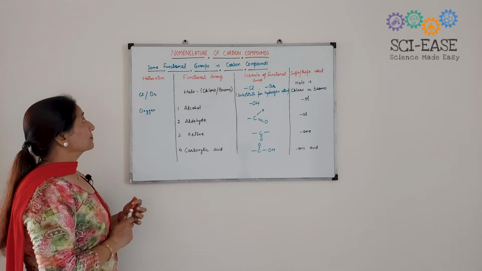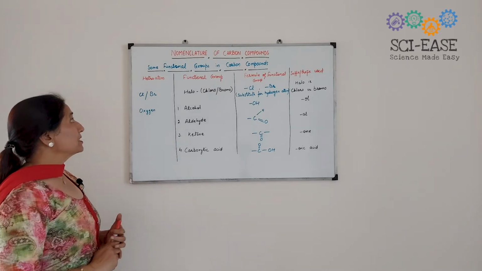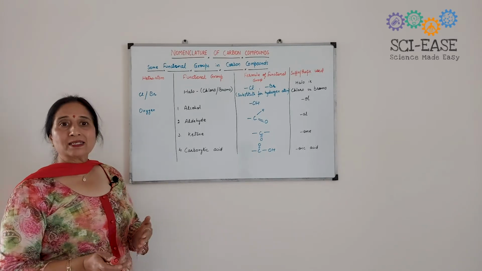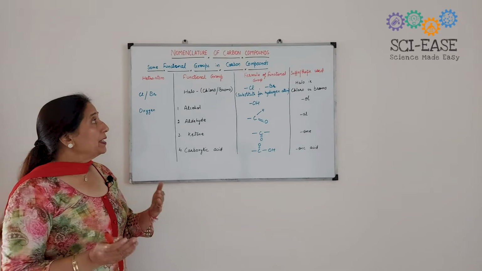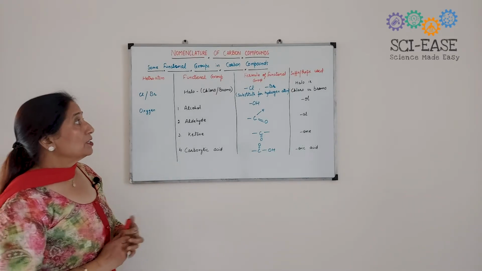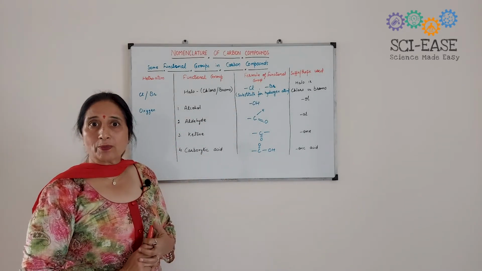Here, if the heteroatom is Cl or Br, the functional group is halo, chloro or bromo. So what is the formula of the functional group, chloro or bromo?